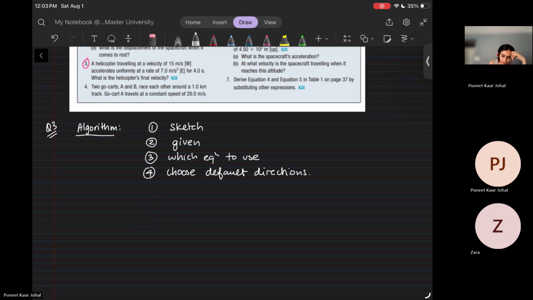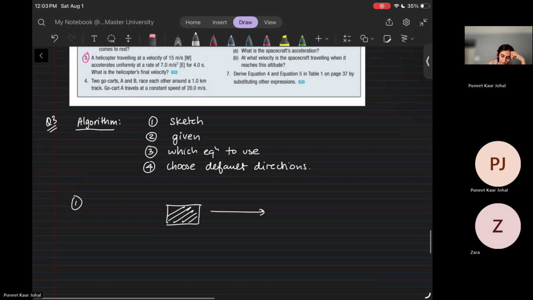Honestly, we don't even really need a big sketch for that. Let's just say this is our helicopter and it's traveling somewhere in this direction. What are we given? Actually, you tell me, what are we given?